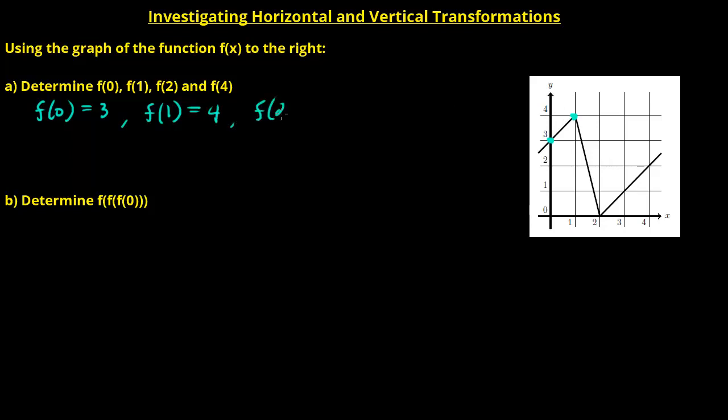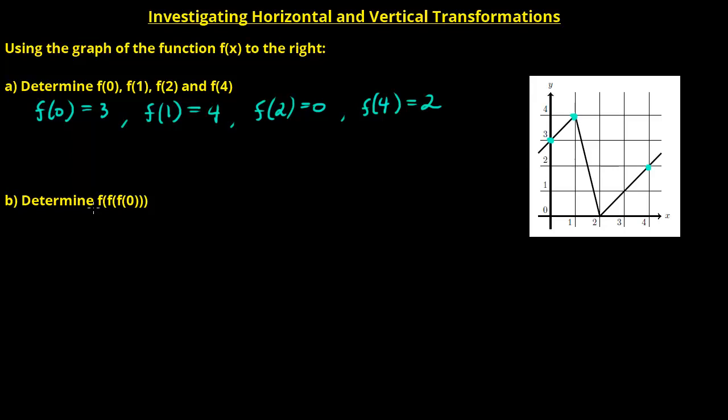I can do the same thing for f of 2. When x is equal to 2, y is equal to 0, so f of 2 is equal to 0. And f of 4 is equal to 2.